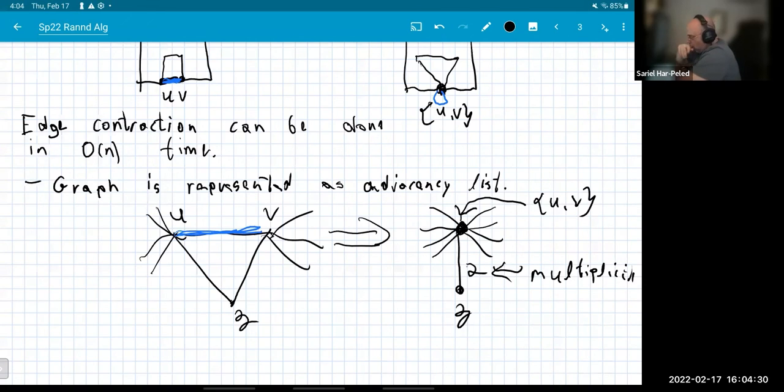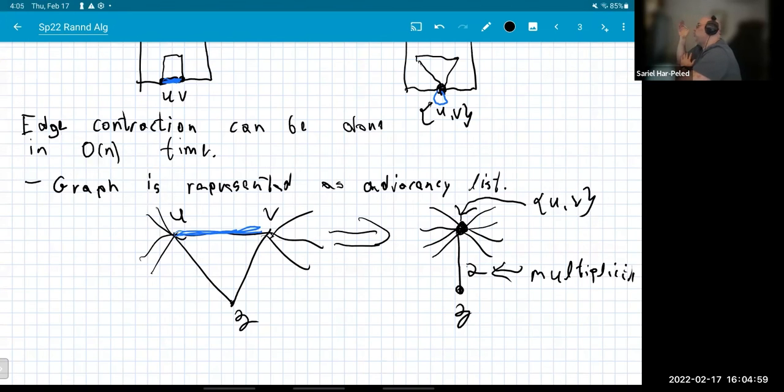Okay? So essentially, to contract an edge, you take the two adjacency lists and merge them, and if you have repeated edges in the adjacency list, you keep only one copy, but you add up the multiplicities, and that's it, right?